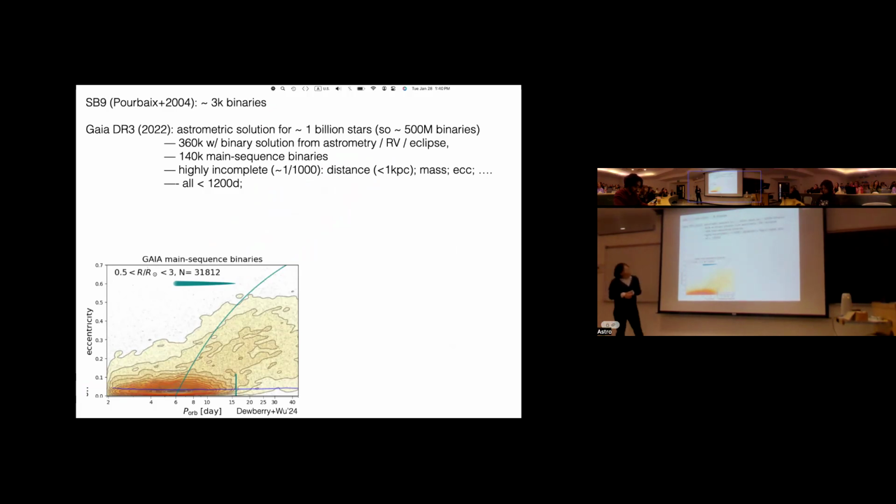It turns out at Gaia DR3, which is about a couple of years ago, we have good astrometric solutions for only about 140,000 main sequence binaries. Okay. Can you get the eccentricity distribution using 140,000 binaries? I would say yes. So that's what we're going to do.